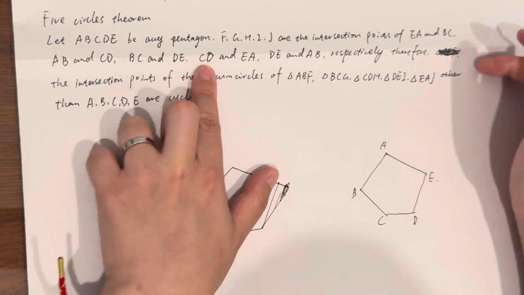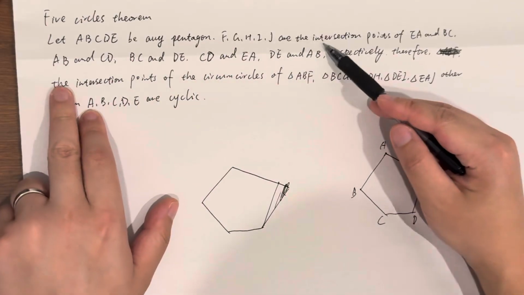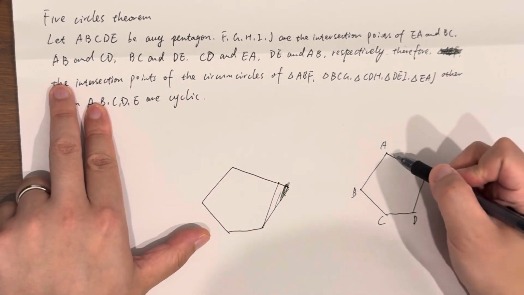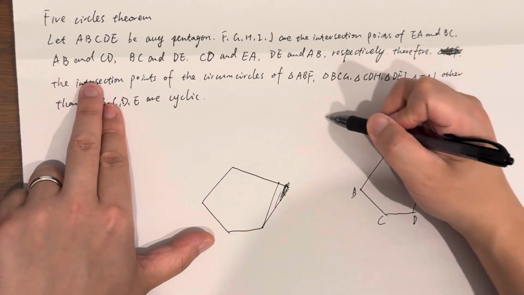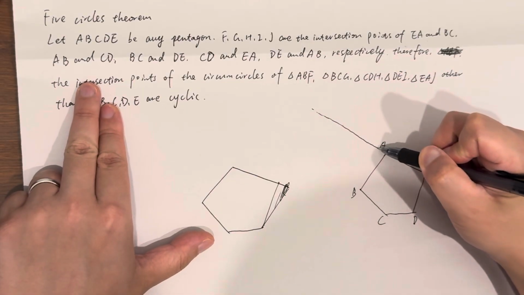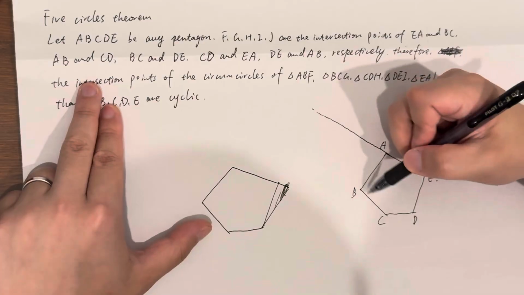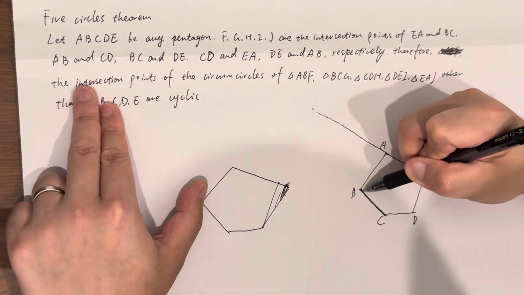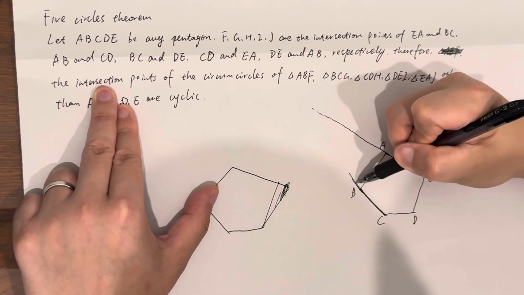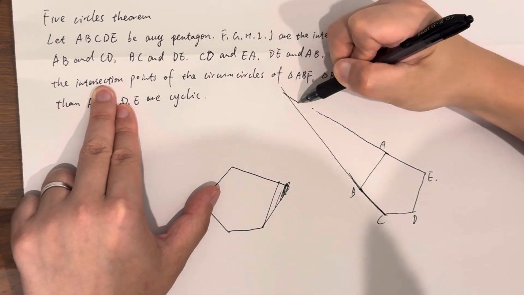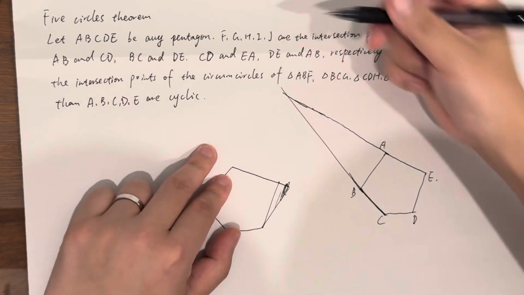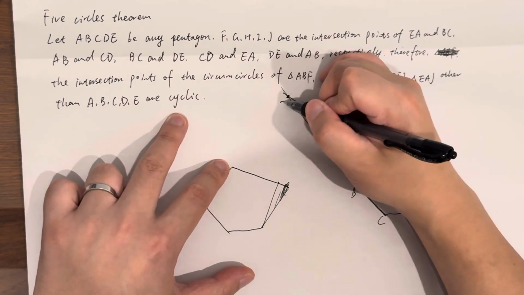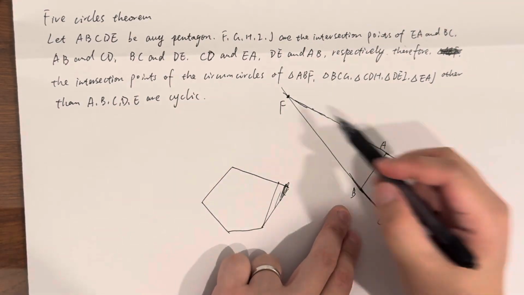And F, G, H, I, J are the intersection points. F is the intersection of EA and BC. So let's draw EA and BC, which means we have EA here. Right, EA and BC have an intersection point called F, right?